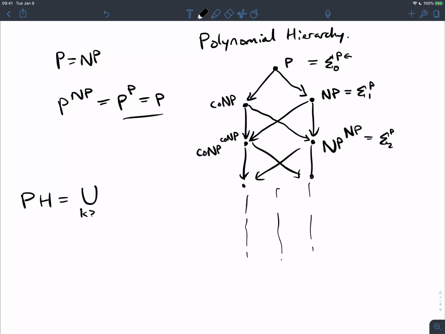So the polynomial hierarchy is just the union of sigma i to the P over all these layers on the right side. You could define it exactly the same going down the left side, but I'm just going to stick to the right side for clarity purposes.